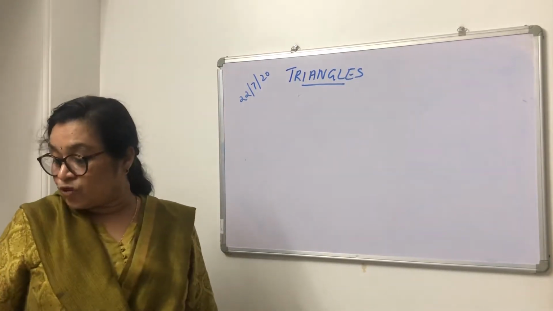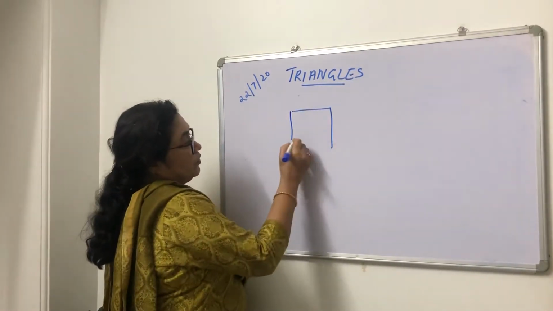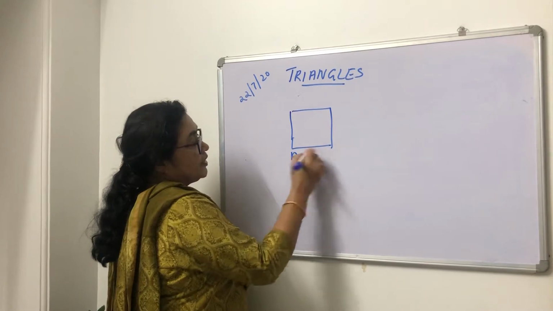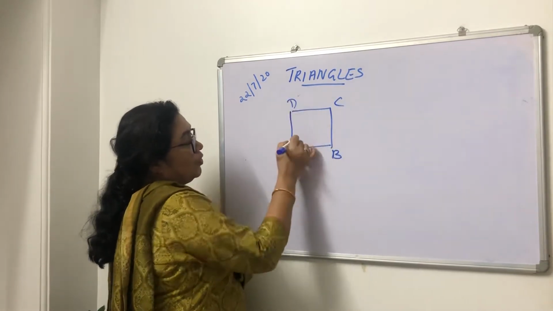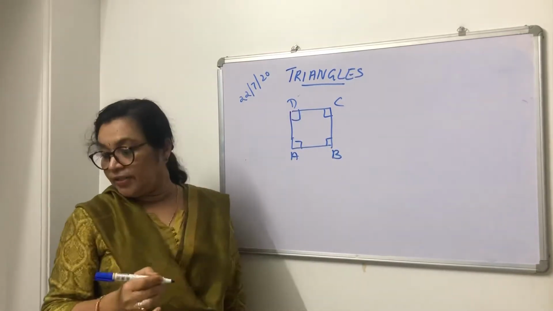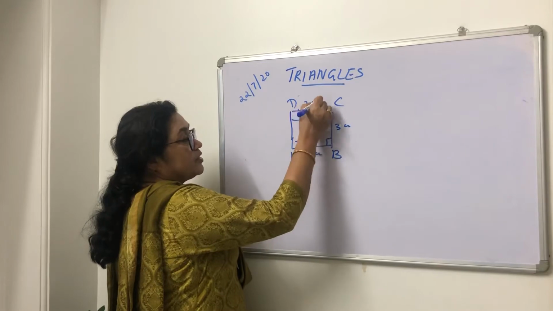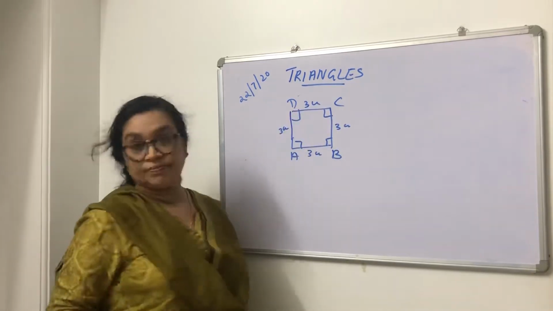Now I am going to show you one square ABCD. Each angle is 90 degrees, and the sides are 3 centimeters, 3 centimeters, 3 centimeters, 3 centimeters.